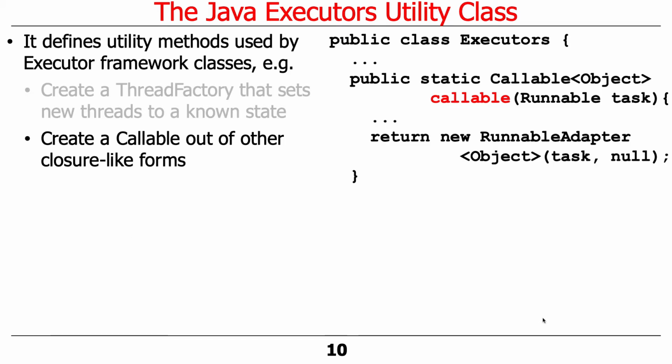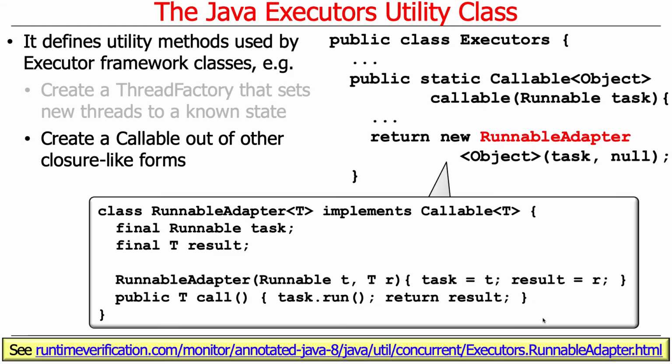There are also some methods that can be used to adapt runnable objects into callables. There's a method here called callable, which is basically an adapter that takes a runnable and turns it into a callable. It does that by creating something called a runnable adapter, passing in the task, the runnable, which is the thing that's going to do the actual computation, and a null indicating there's no return value.